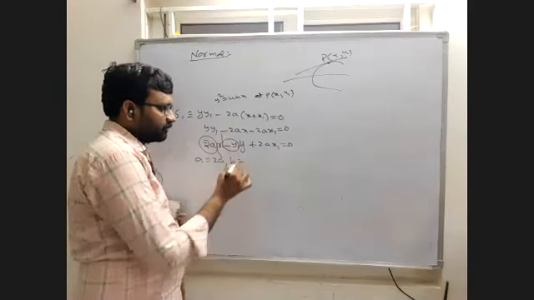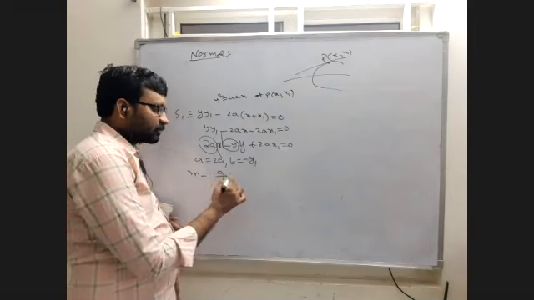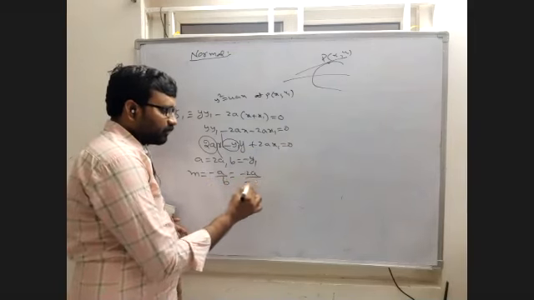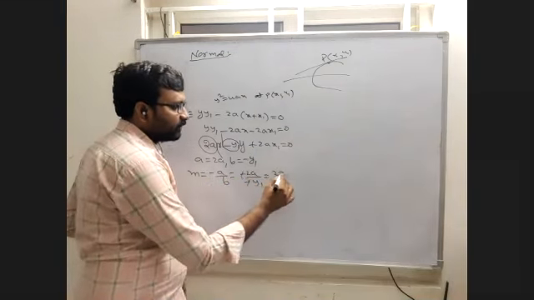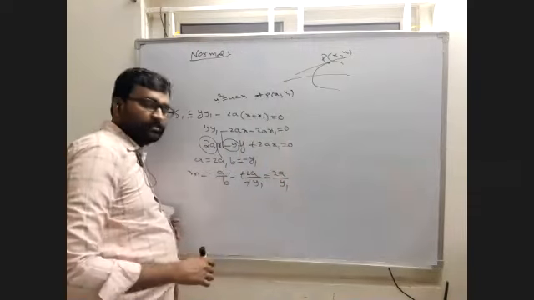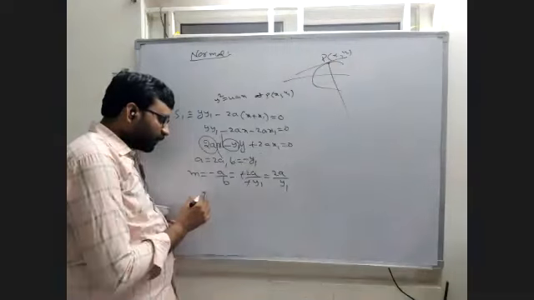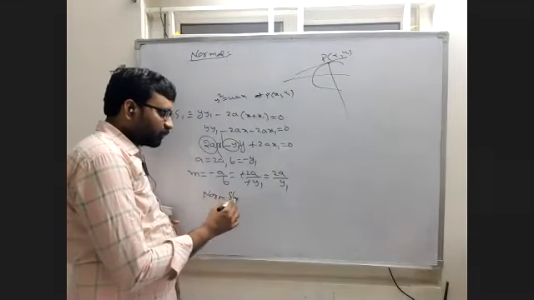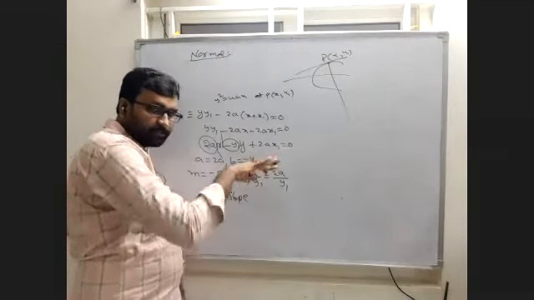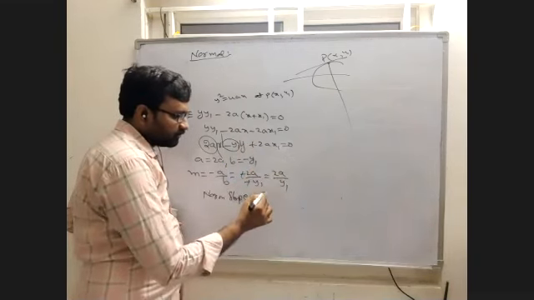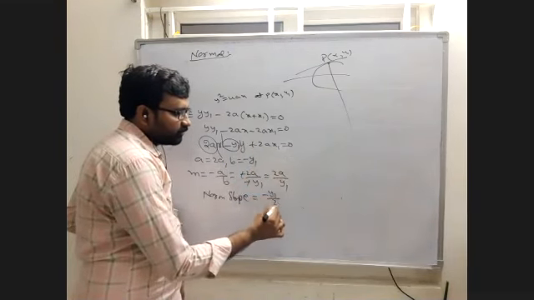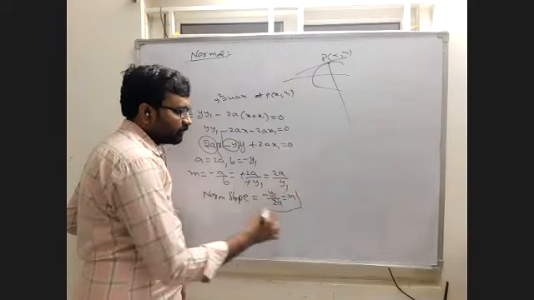And what is the slope? Minus a by b, that is equal to minus 2a by minus y1. Cancel: 2a by y1 is the slope of the tangent. But we have to find the normal, right? What is the slope of the normal? Normal slope is the reciprocal with negative sign, that is minus y1 by 2a, which is m now for the normal equation.